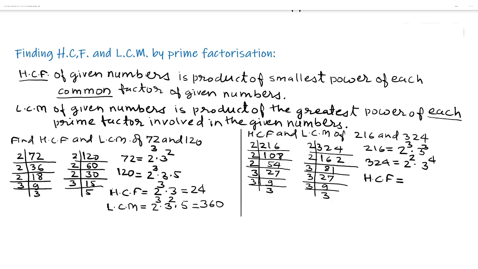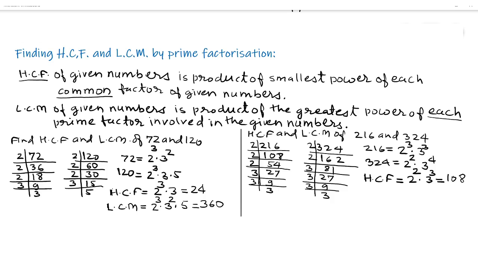So smallest power of 2 is 2 to the power 2 and of 3 is 3 to the power 3. 2 to the power 2 into 3 to the power 3 is equal to 27 multiplied by 4, that is 108. So HCF of 216 and 324 is 108.